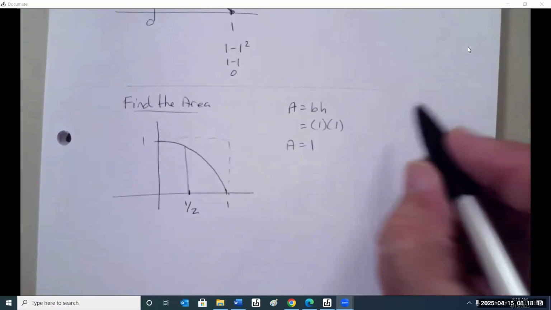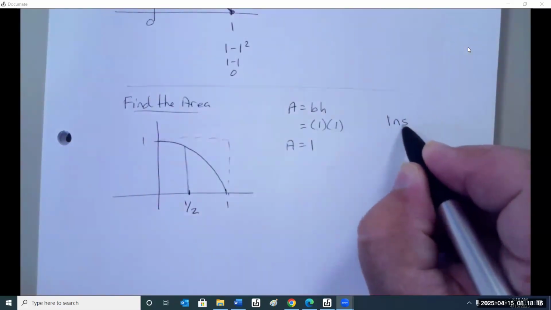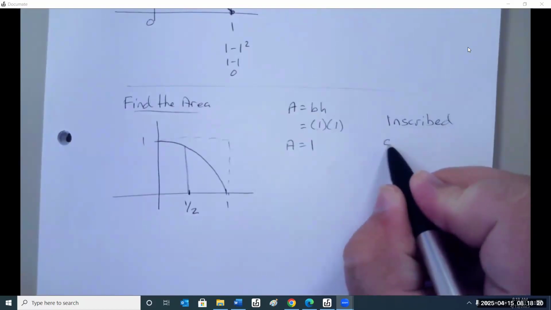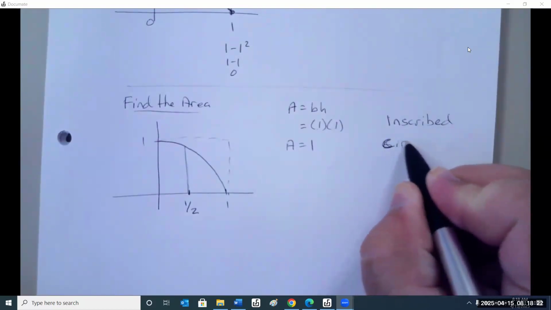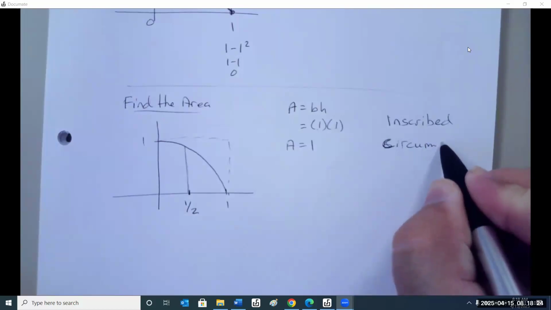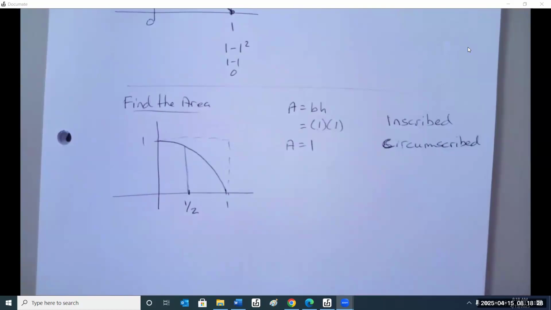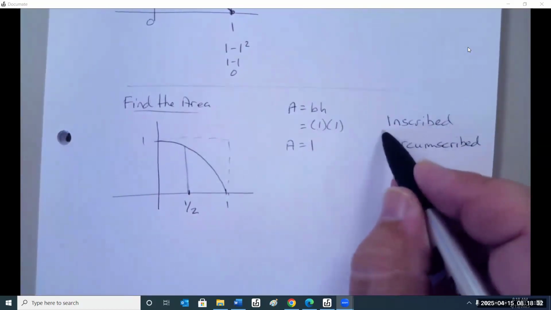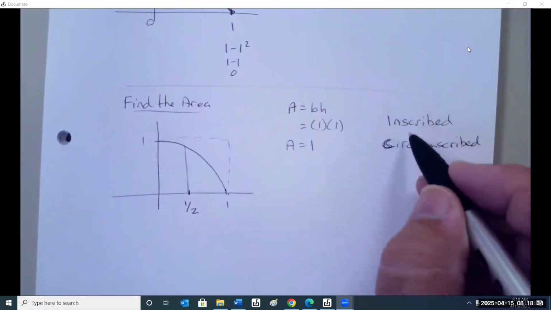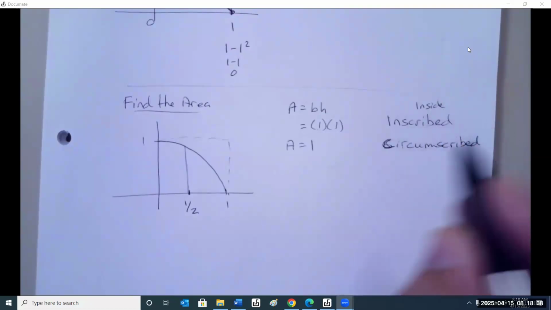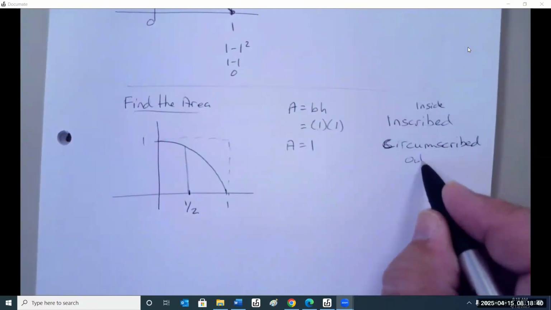We can look at inscribed and circumscribed. Inscribed means inside. Circumscribed means outside.